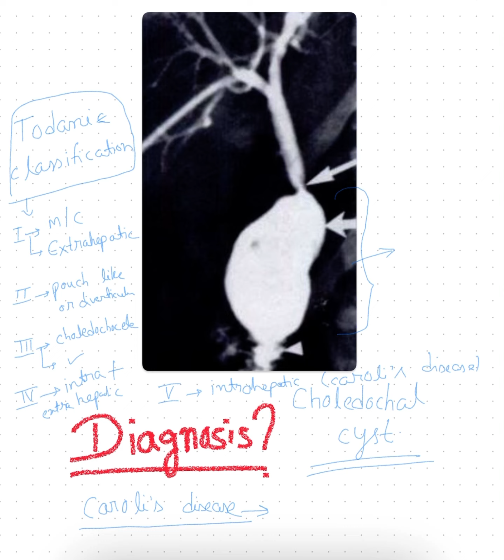So basically on the ultrasound it appears as a hypoechoic zone with a hyperechoic dot in the central part. So that is Caroli's disease. This central dot sign is diagnostic of Caroli's disease.